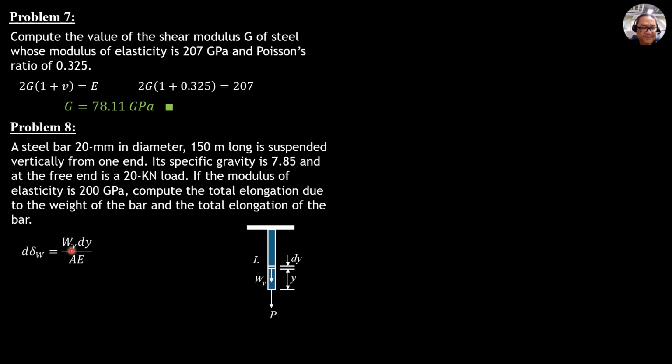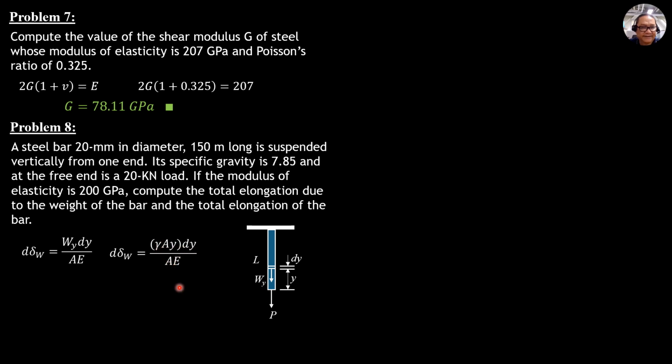Wy is specific weight gamma times volume, which is area times y. So the differential deflection due to weight is gamma times area times y, this is Wy dy over AE.